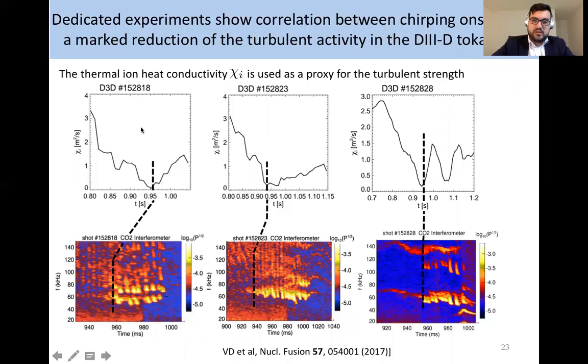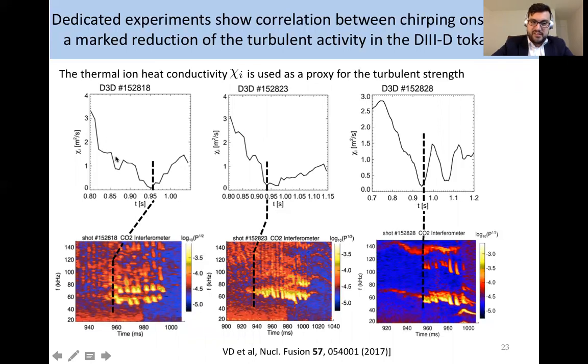And what we saw is that, in the upper panels here, what is plotted is the thermal ion heat conductivity, Chi, which is a proxy for the turbulent strength in the system. And what is plotted in the bottom is the spectrograms, as I showed before, frequency versus time of the Alfvén waves.